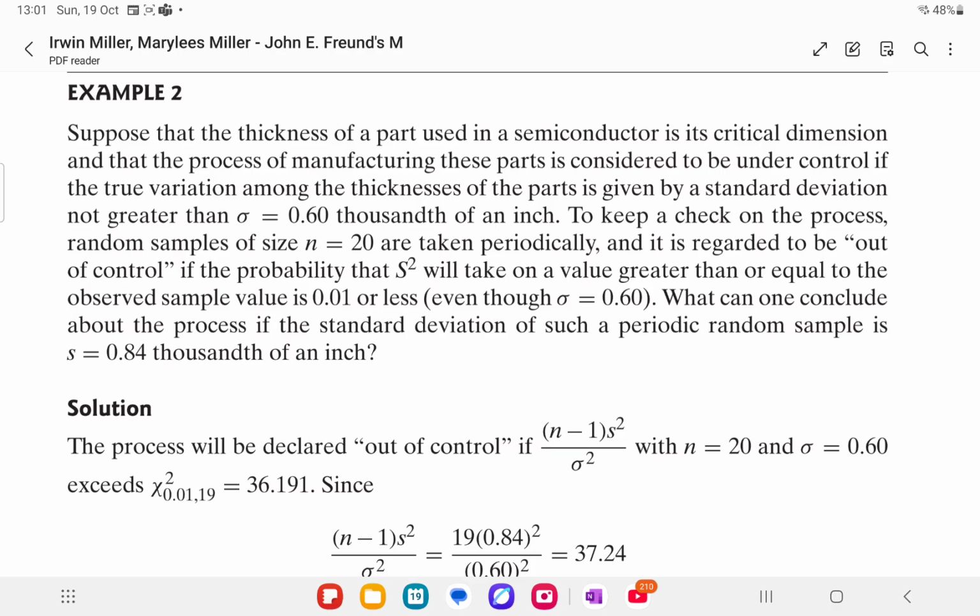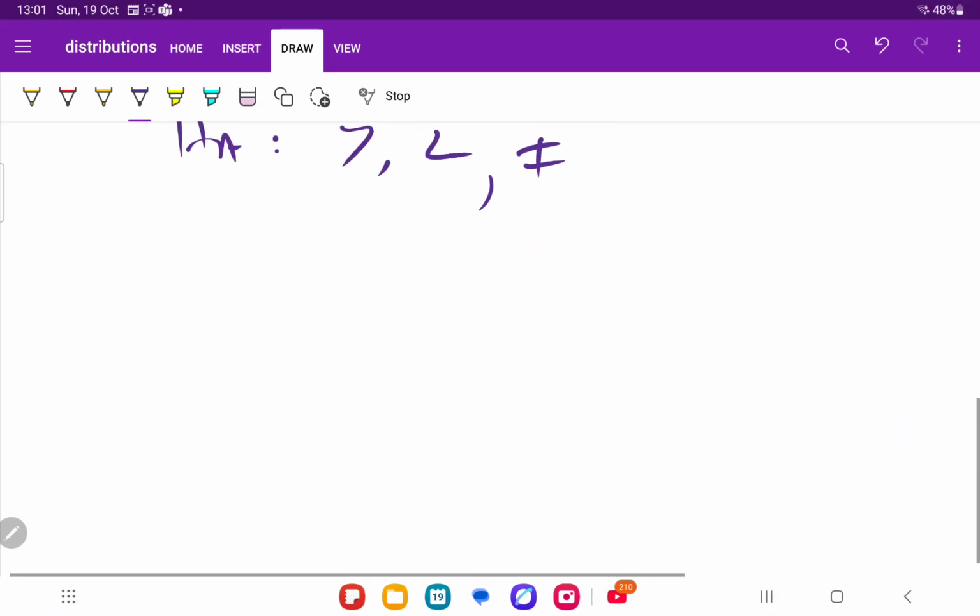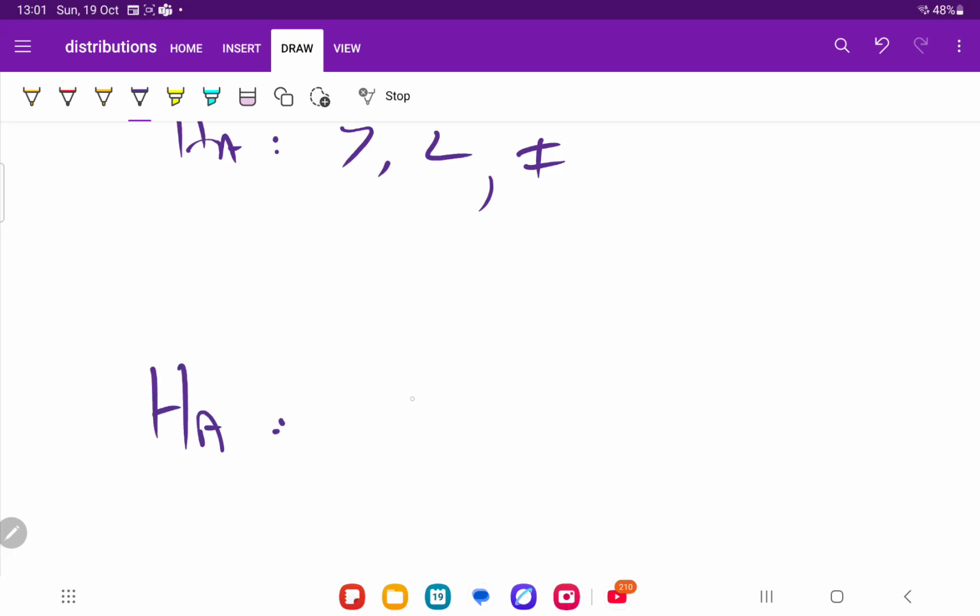Okay, so it should be not greater than, so first of all we will be establishing the alternative.